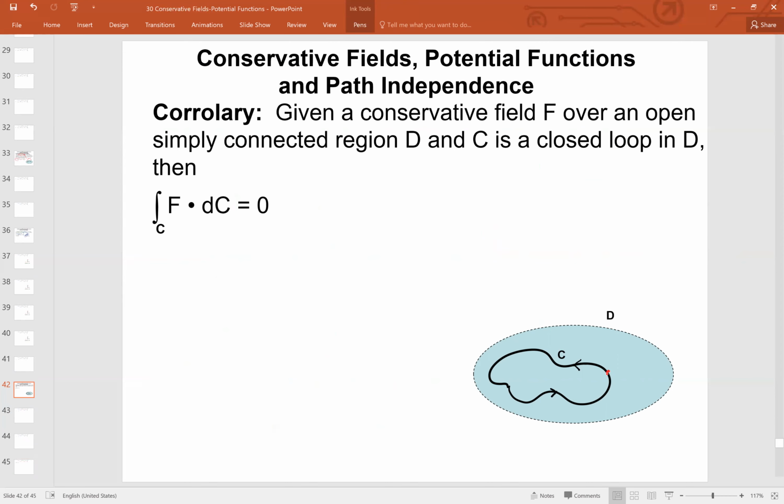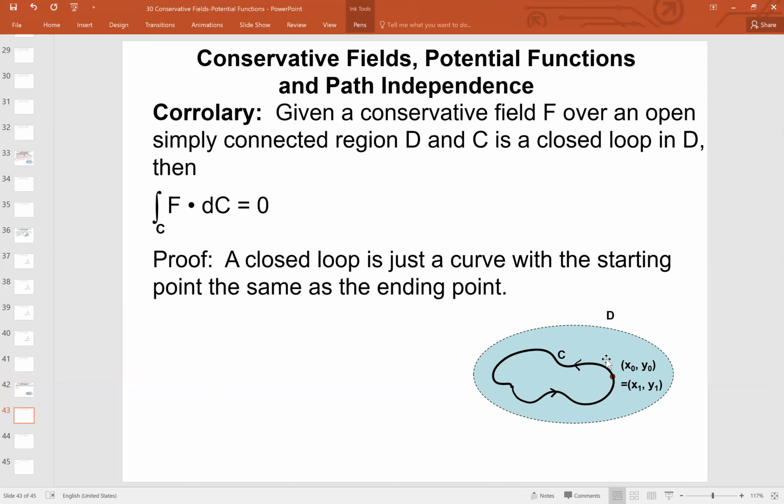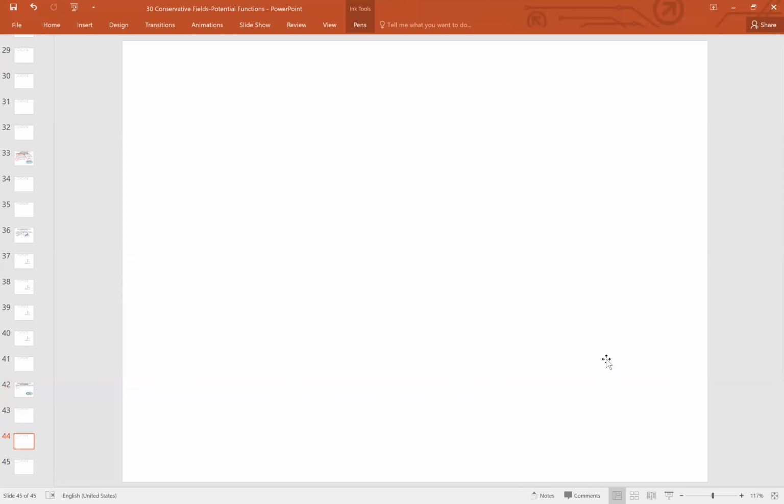So if I want to find out the work on this, I start with the point, go around the curve and come back to exactly the same point, then I plug in the same endpoints and subtract, I get 0.